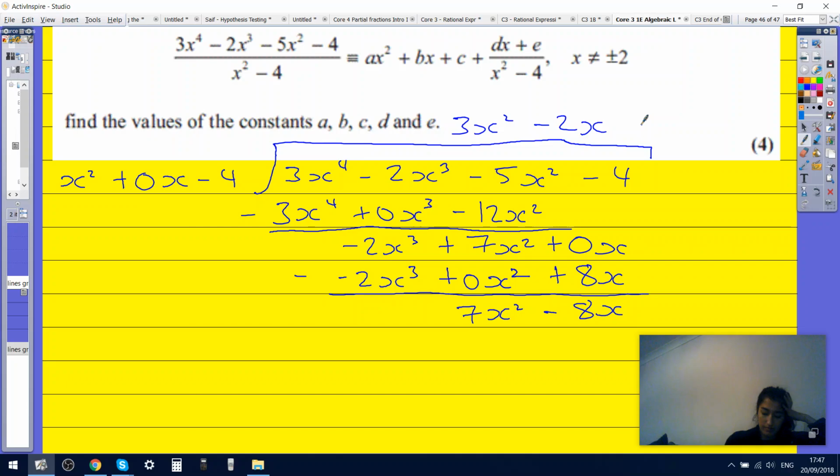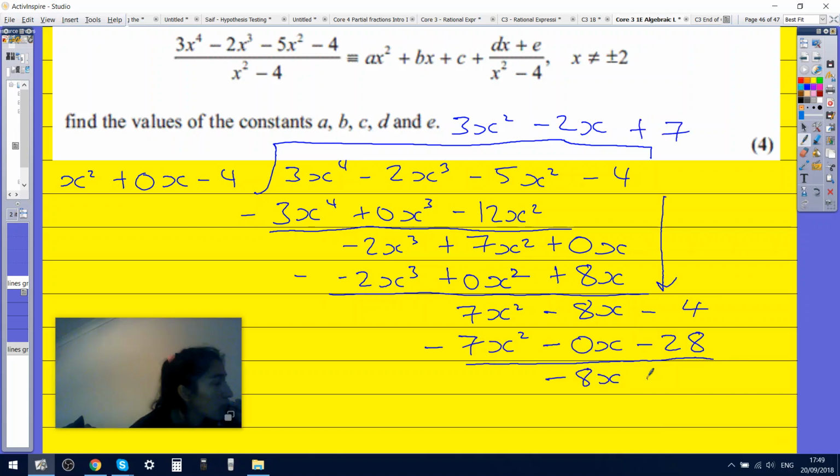Minus 4 plus 28 is 24. And so we have now reached the end of it. What is our answer? 3x squared minus 2x plus 7 plus minus 8x plus 24.